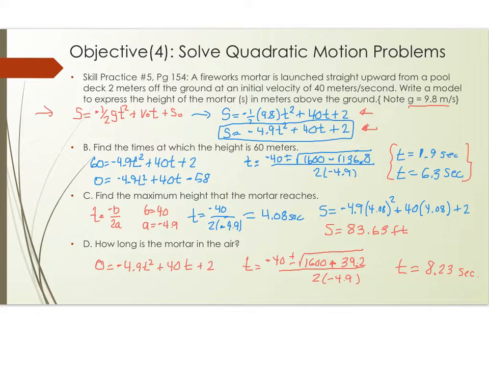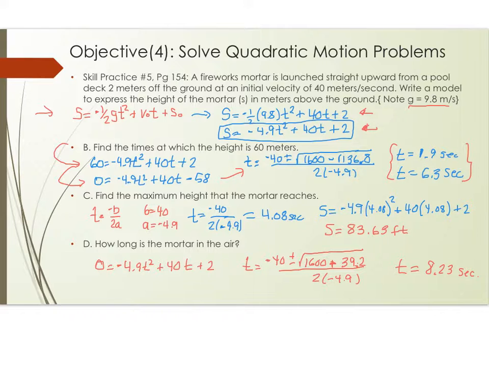So in B it says find the times at which the height is 60 meters. So we plug in 60 into S, and then we of course use the zero principle to set it equal to 0, and then use the quadratic formula.